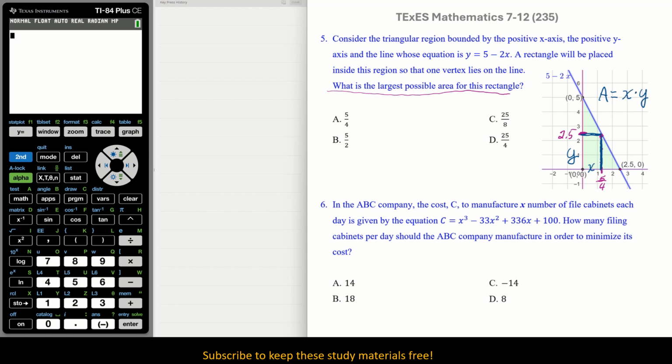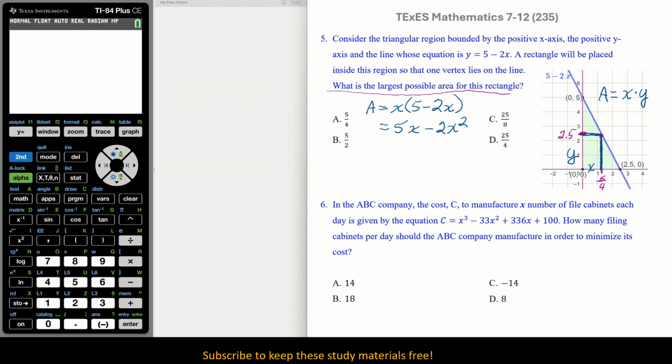We use the value of x, but for y, we can use the equation of the line. So area equals x times (5 minus 2x). Then we need an area equation of 5x minus 2x squared, and that will help us get our optimization.